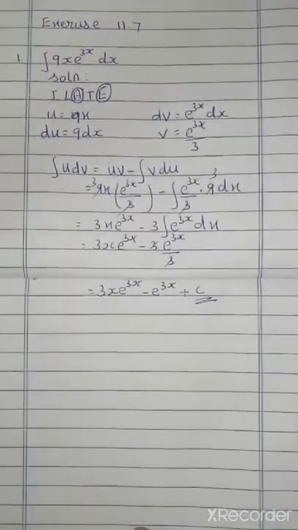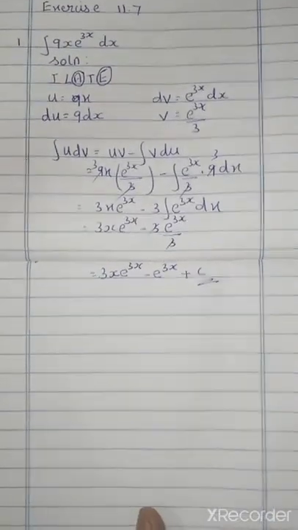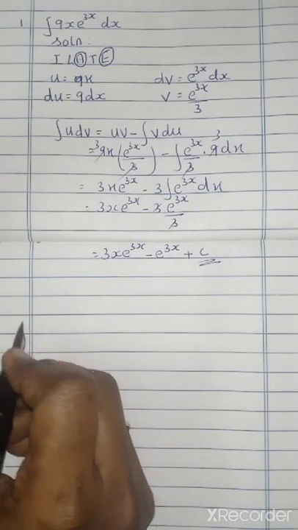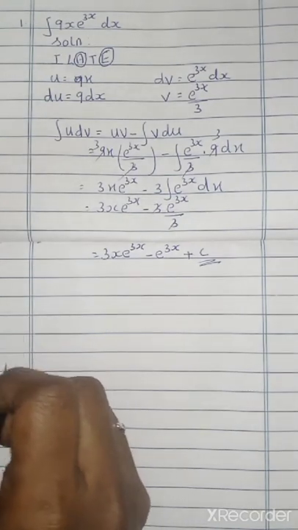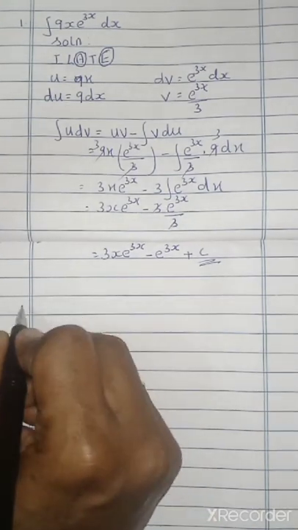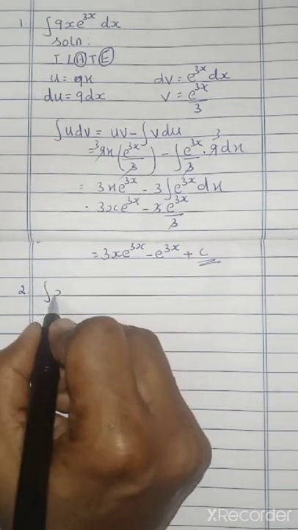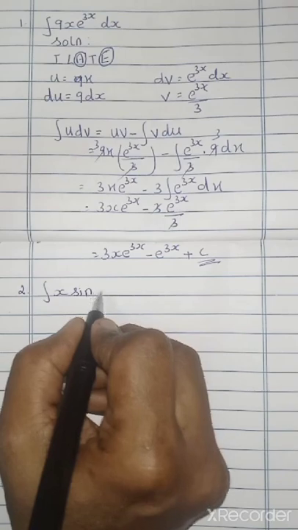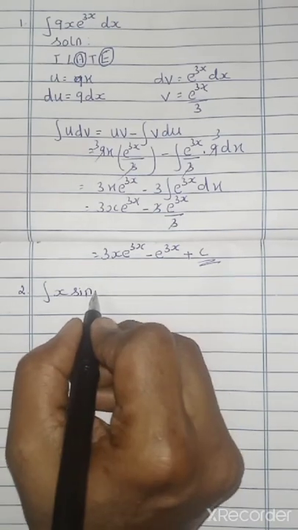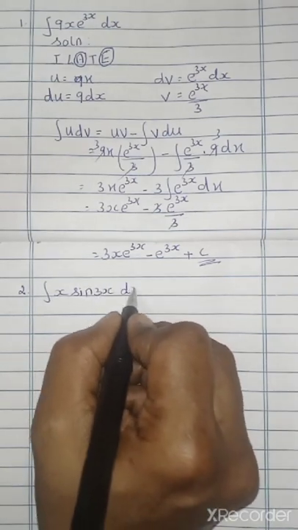Is that clear? So when can we use integration by parts? When two functions are in multiplication. Okay, second problem. Question: integral x sine 3x dx.